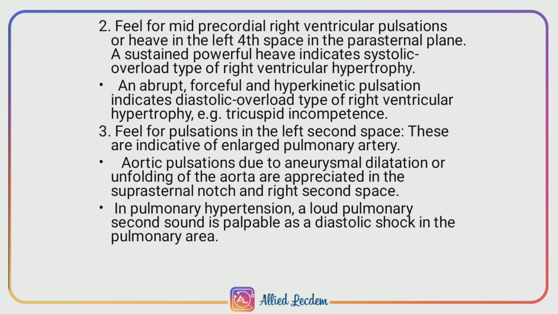Third, feel for the pulsations in the left second space. These are an indicator of an enlarged pulmonary artery. Aortic pulsations due to aneurysmal dilatation or unfolding of the aorta are appreciated in the suprasternal notch and the right second space. In pulmonary hypertension, a loud pulmonary second sound is palpable as a diastolic shock in the pulmonary area.